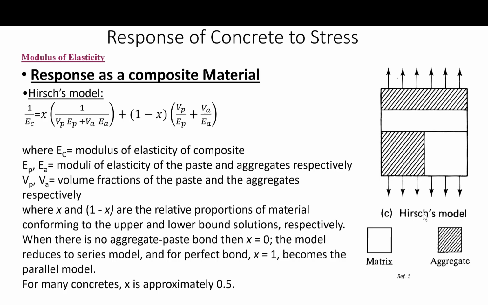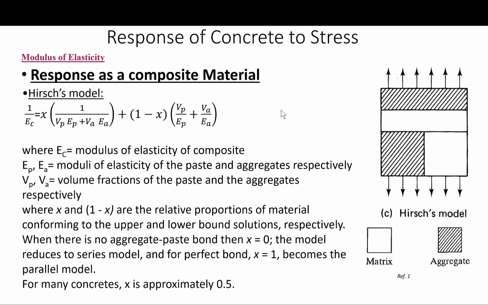The Hirsch model is illustrated in this figure right here, as you can see, and expressed in this equation right here. Okay, so basically x and 1 minus x are the relative proportions of the material conforming to the upper and lower bound solutions, respectively. For many concretes, x is approximately 0.5. All right.